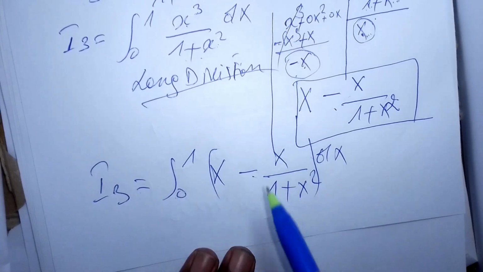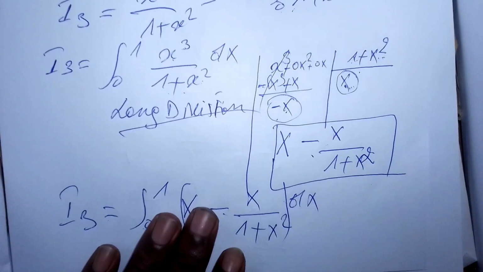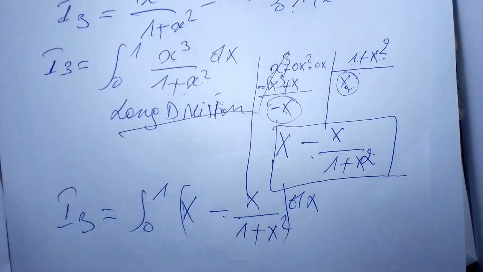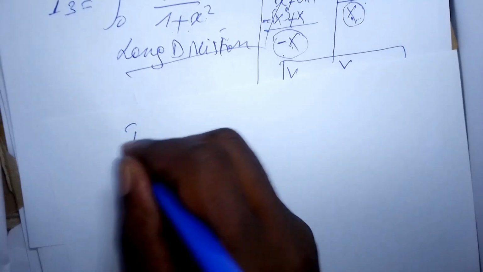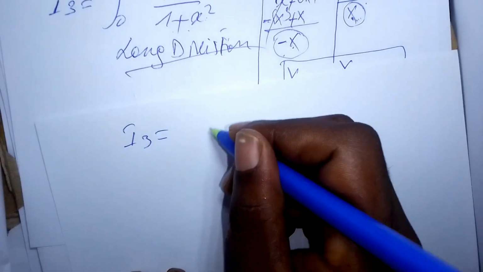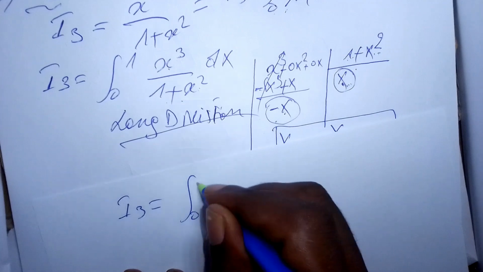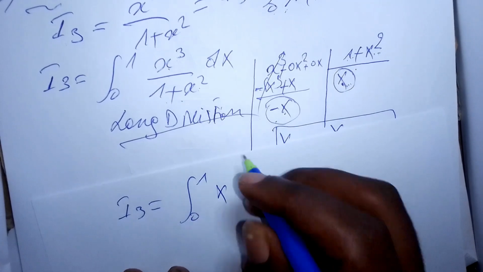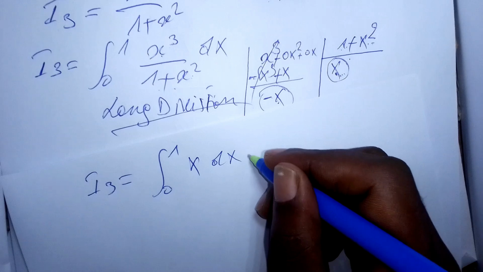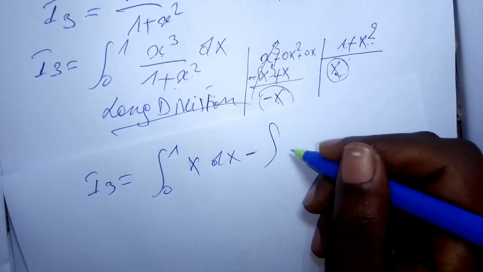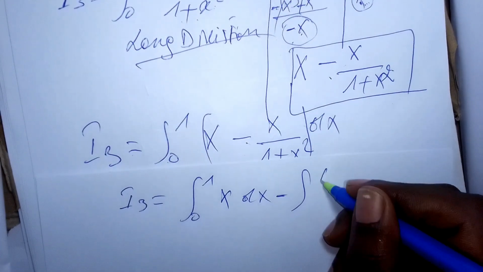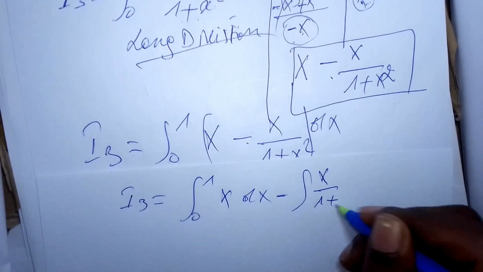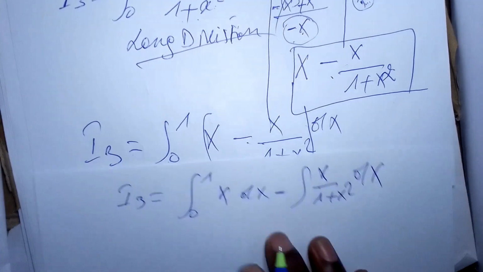So we are going to integrate this one. After that, we have I3 equal to the integral from 0 to 1 of x dx minus the integral of x over 1 plus x square dx.